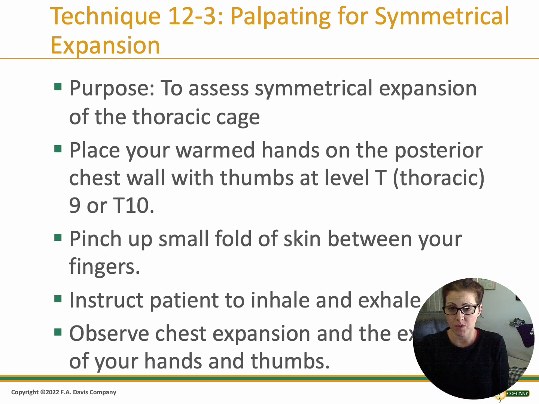If you have their elbows straight down, you can find that landmark right at the level of where their elbows land. You're placing 2 thumbs right at the level of T9 and T10. You're pinching the skin in between your thumbs, and you're asking the patient to inhale and exhale. You're not moving your hands, you're allowing the body's thoracic cage to move your hands, and there should be a nice, even, symmetric movement as they're breathing in and out.